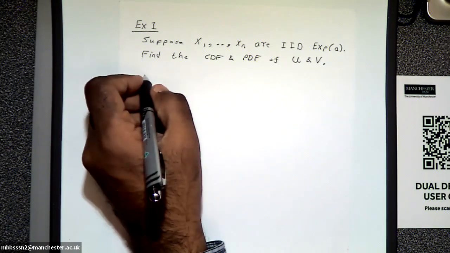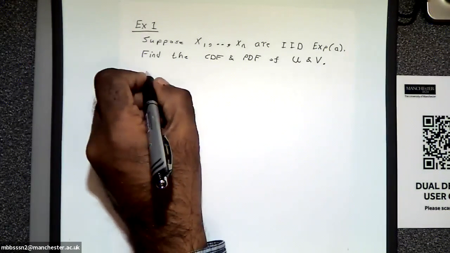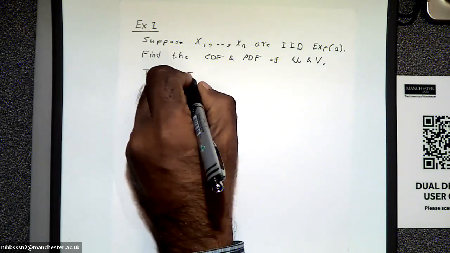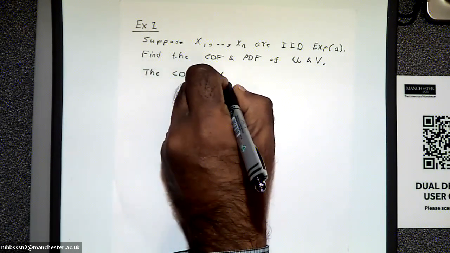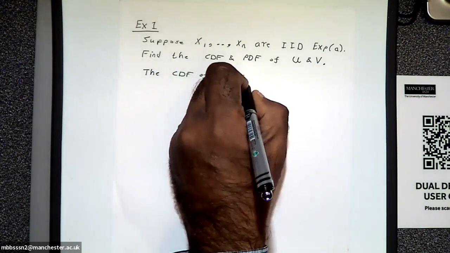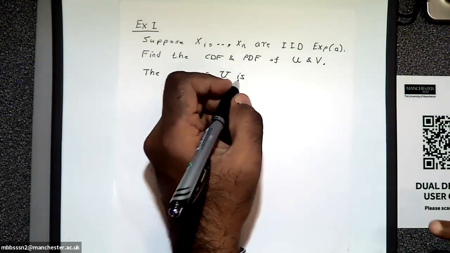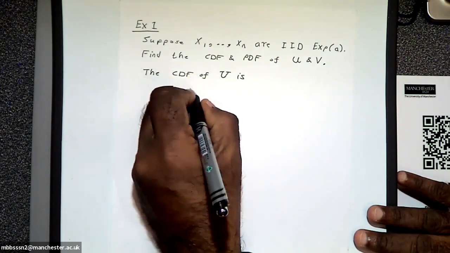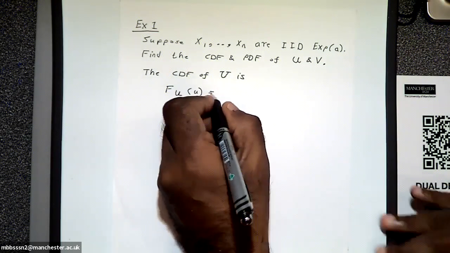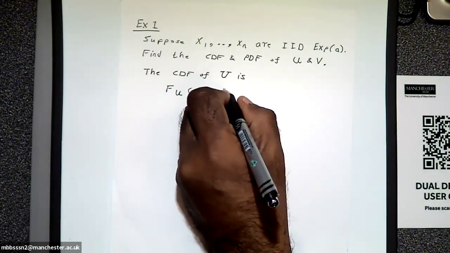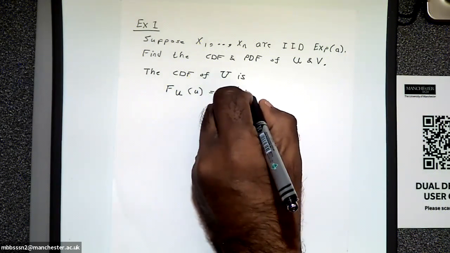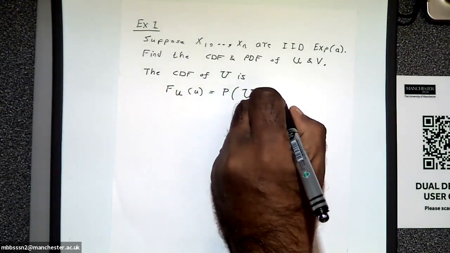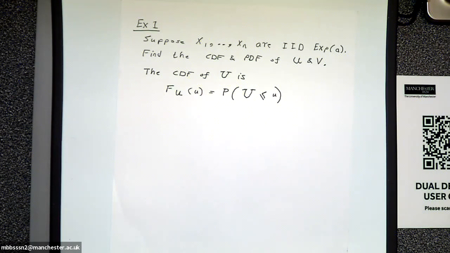All right, so let's start with U first of all. So the CDF of U you can write like this.